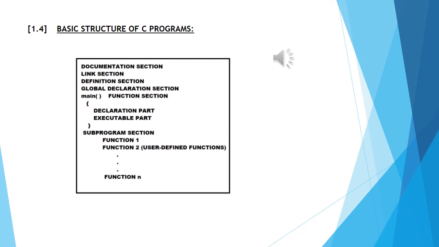Every C program must have one main function section. This section contains two parts, the declaration part and the executable part. The declaration part declares all the variables used in the executable part.